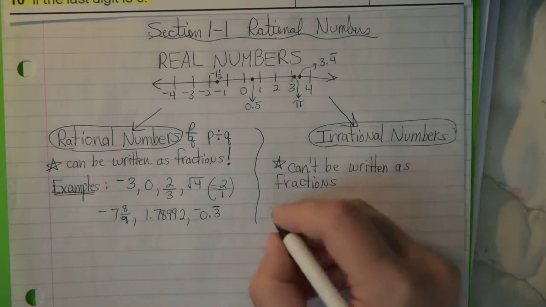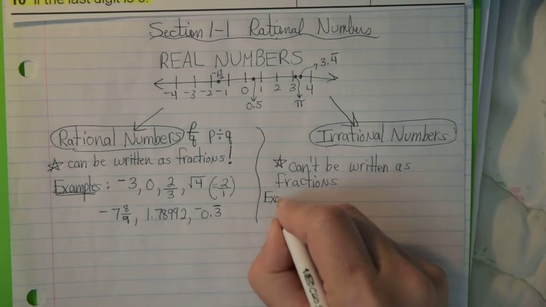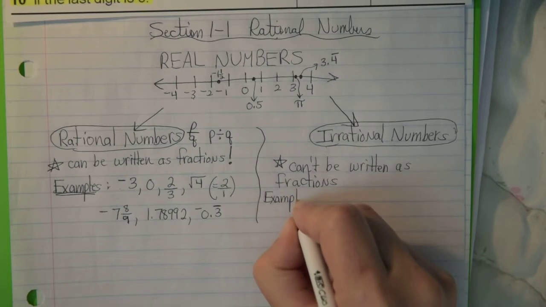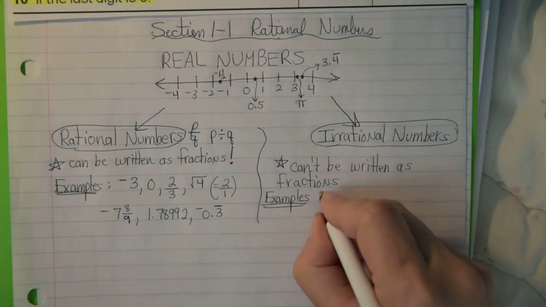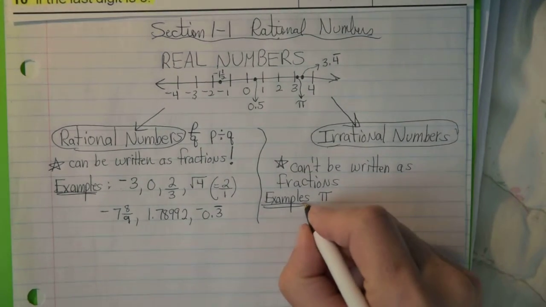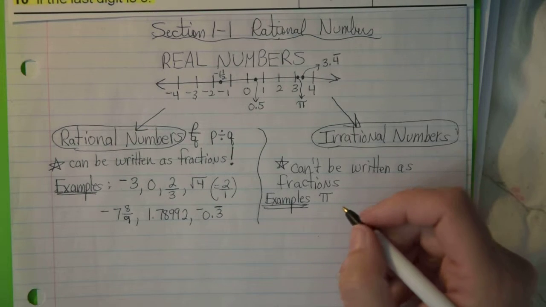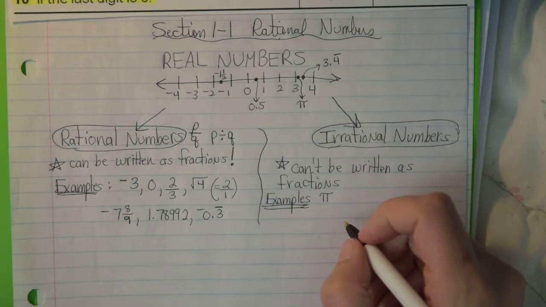So the question is, what would a number like this look like? The one everybody thinks of is pi, because it goes on forever and it never repeats and it never terminates. So pi, but there's lots of numbers like pi.